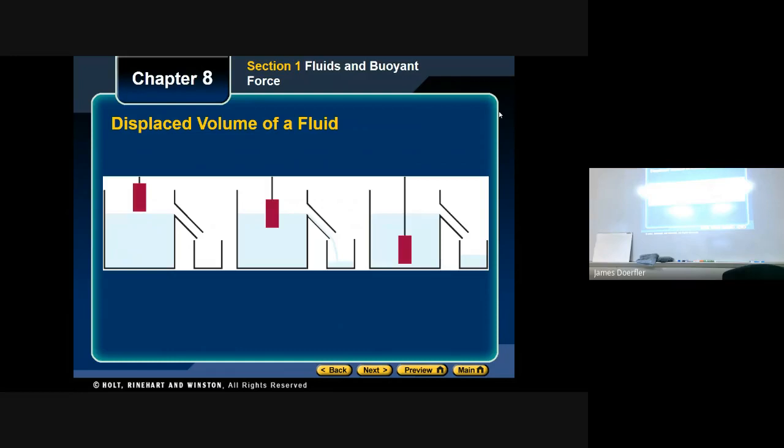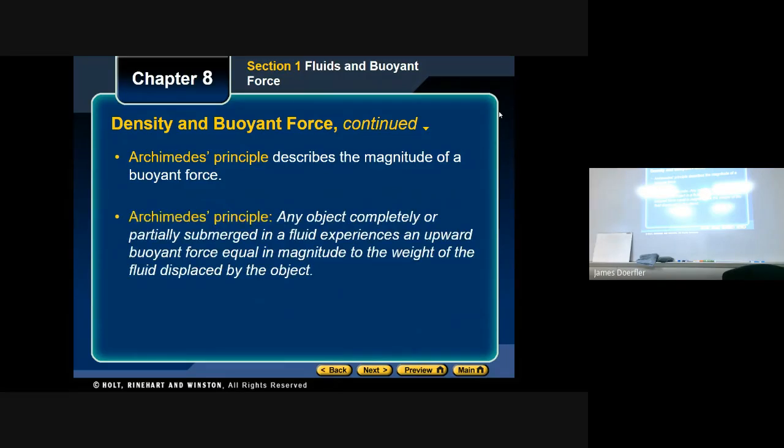And so this concept of buoyant force we saw in the video was studied heavily by Archimedes. Archimedes' principle describes the magnitude of a buoyant force, and it says that any object completely or partially submerged in a fluid experiences an upward buoyant force equal in magnitude to the weight of the fluid displaced by the object.